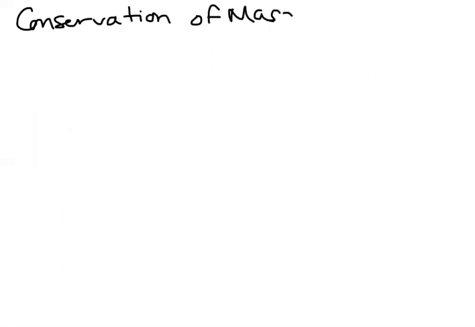Conservation of mass. The reason we can predict our theoretical yield is because generally in the reactions we're talking about, we have this thing called conservation of mass, which means mass is neither destroyed nor created.